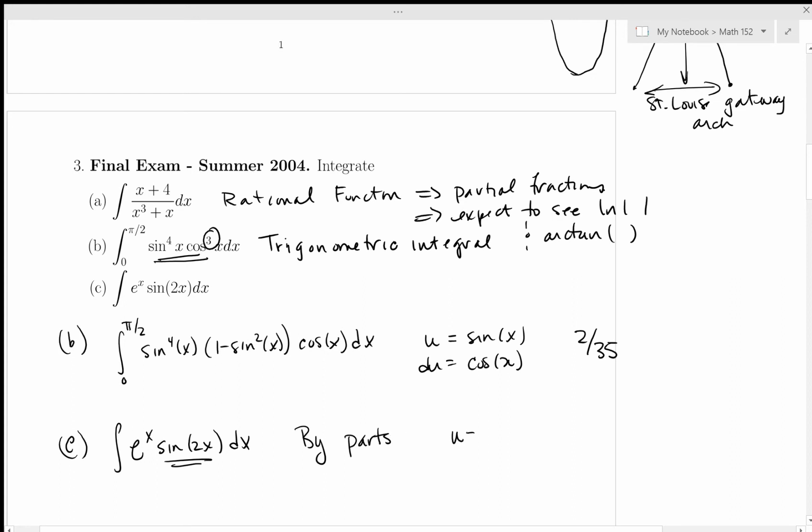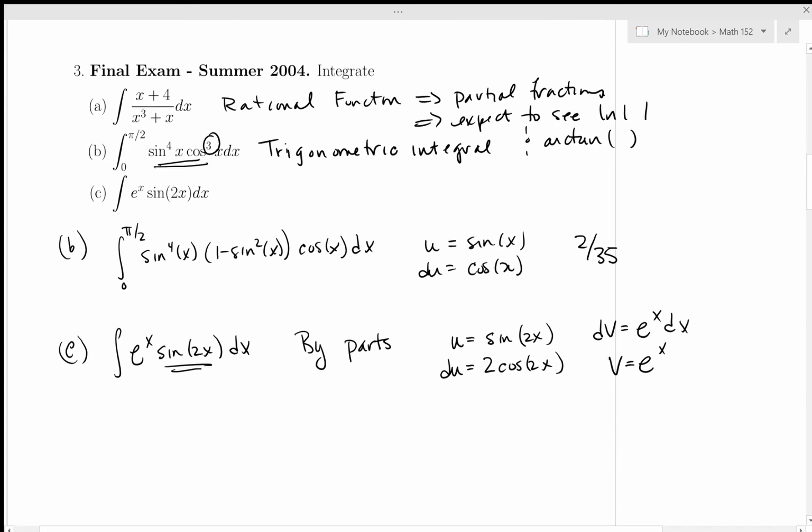The way I did it was u is sine 2x, and that made du equal to 2 cos 2x dx, and the other part of the integral, dv, is e to the x dx, and then I integrate that to get v is e to the x. Then I'm going to use by parts, and I'm going to get halfway there, and I'm going to go by parts again, and then I will be able to get the answer, which I will put here.